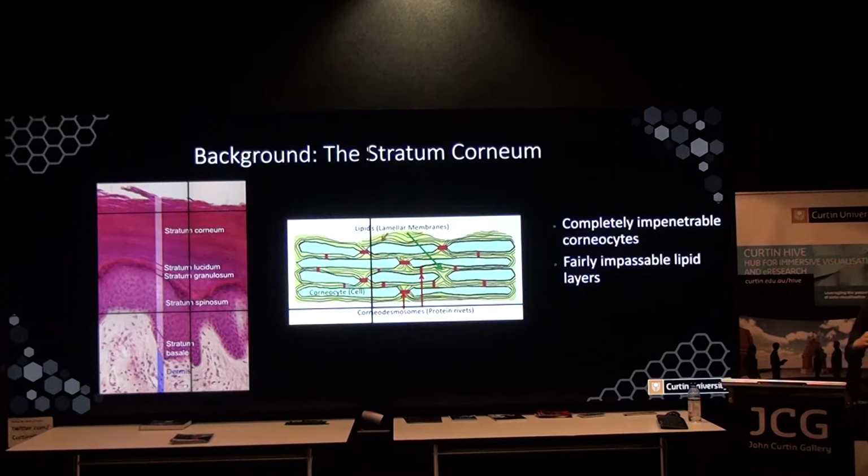And so this forms a protective surface that is difficult to permeate because you've got those pretty much entirely impermeable cells that are just proteinous and dehydrated. And you've got many, many layers of these lipids that things are going to have a hard time getting through.